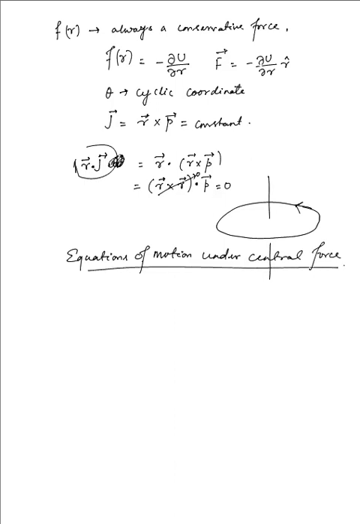Now, given the nature of the force that we have just mentioned above, F(r) r hat, that is obviously a conservative one, so minus del U by del r, r hat.